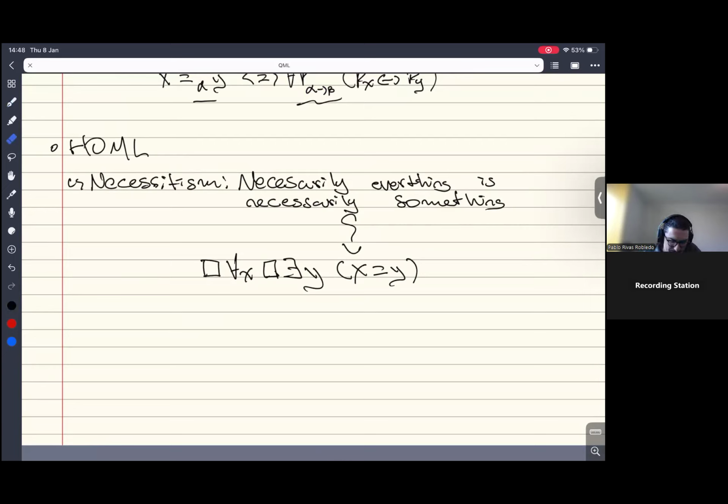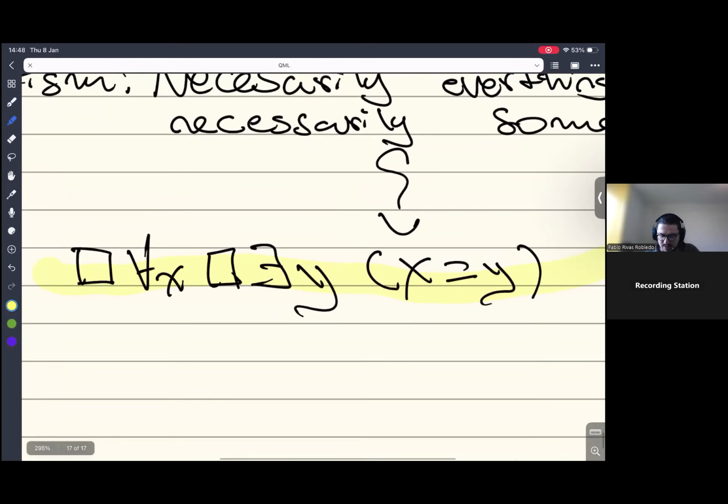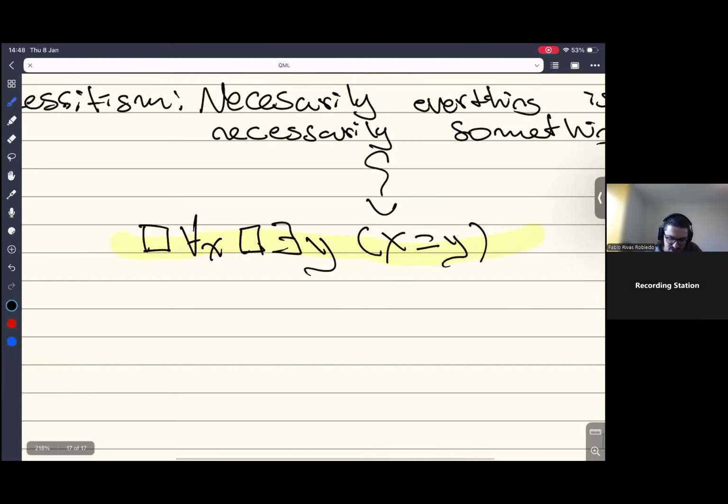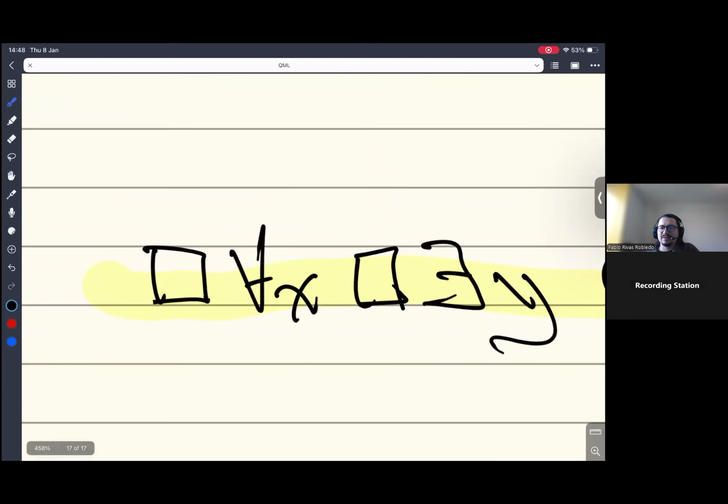So if we unpack for a second, in terms of what we know so far, when I tell you that this is a necessitist position, this should tell you something about what this means and about what this means.